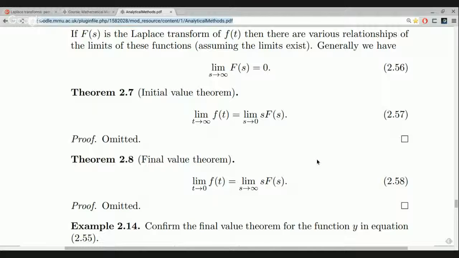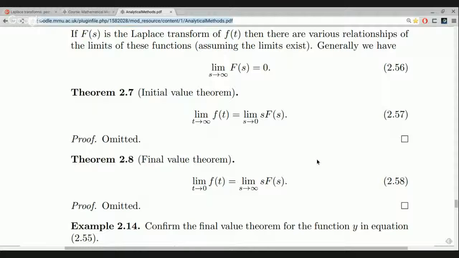So 3 times s over s squared plus 4. And the exponential e to the minus t goes to 1 over s plus 1. And the constant 2 has the transform 2 over s. So this is taking the Laplace transform of the function y using standard results in the table.